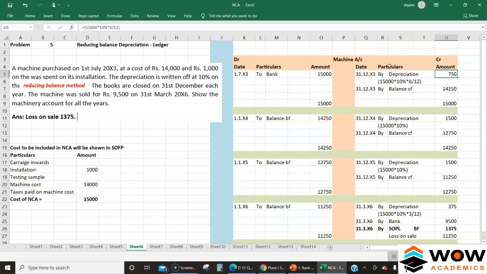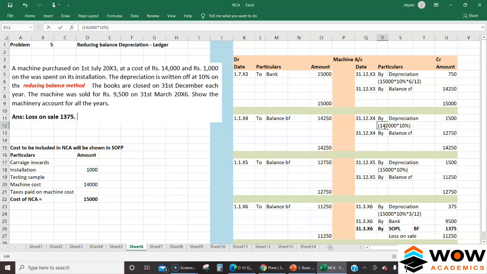There is no change in this one, because we are only doing the first depreciation, so there won't be any difference. The balance CF is the same, the balance BF is brought down, and we have our depreciation here. So we have the 14,250 which is brought forward. The depreciation will change from the second computation. When we compute it the second time, we will not do it on 15,000, we will do it on 14,250.